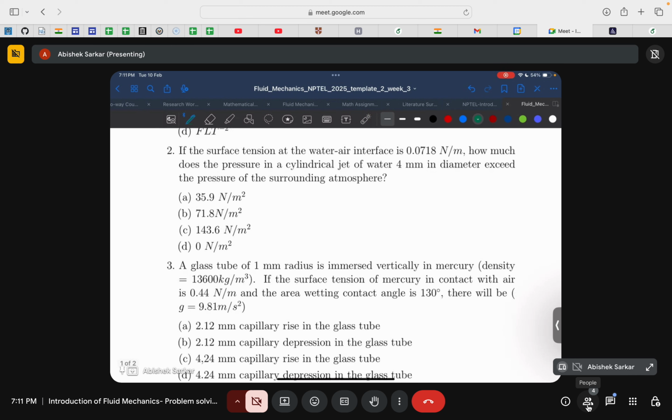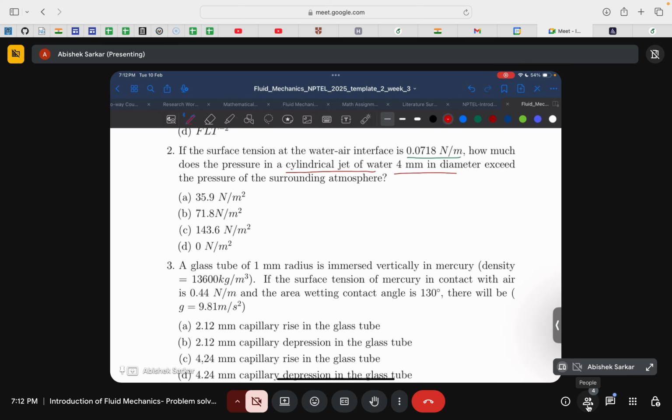Question number 2 is a bit more elaborate, so you might need to do some calculations. If the surface tension at the water-air interface is 0.0718 Newton per meter, how much does the pressure inside a cylindrical jet of water, 4 millimeter in diameter, exceed the pressure of the surrounding atmosphere?